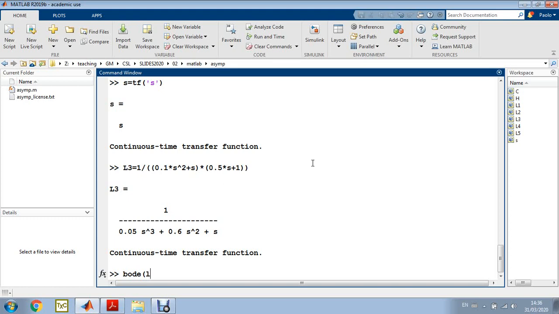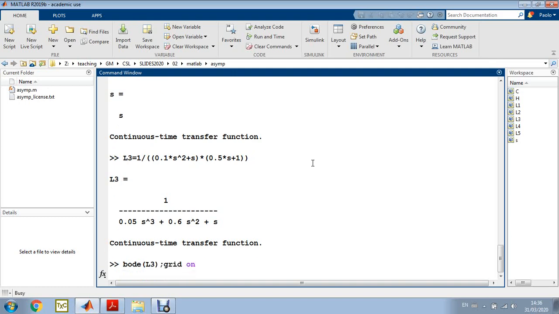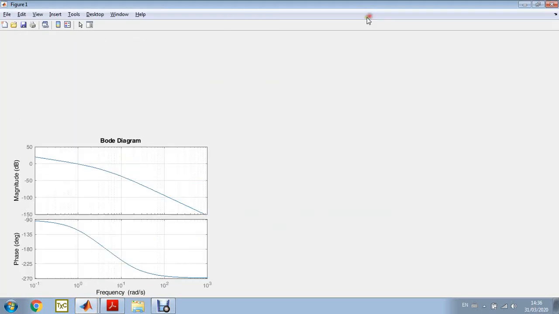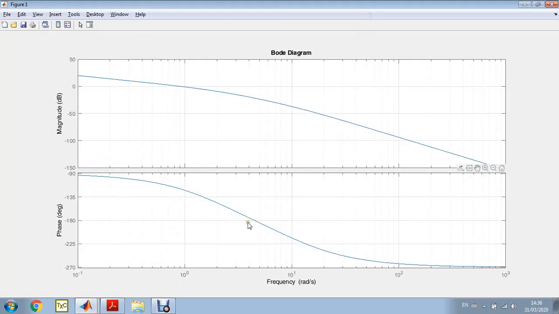So basically I'll draw both the diagrams, and then I'll check whether both the criteria are satisfied. For example, if I hit minus 180 degrees for a negative gain, which seems to be the case over here. You see, we are below 0 over here. This is minus 180, below 0. So the closed loop system is stable.